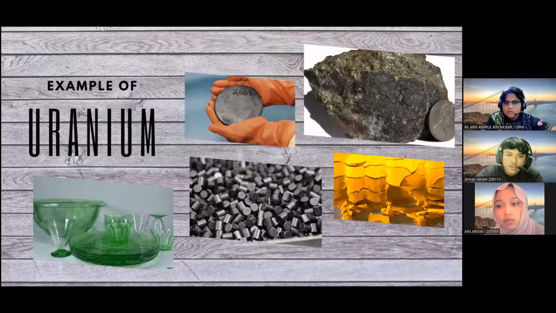It is processed into a pure matte silver color, and through some interaction with solution it can form the yellow cake, and the green can also form the green glass of uranium. So that's all from me.